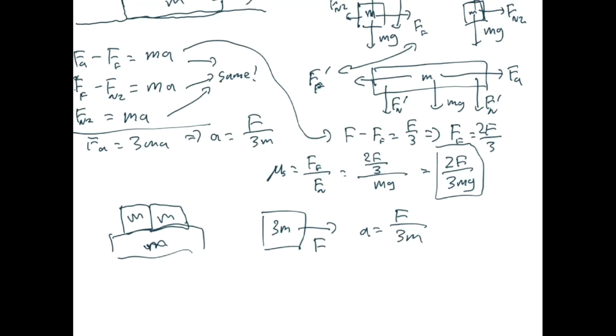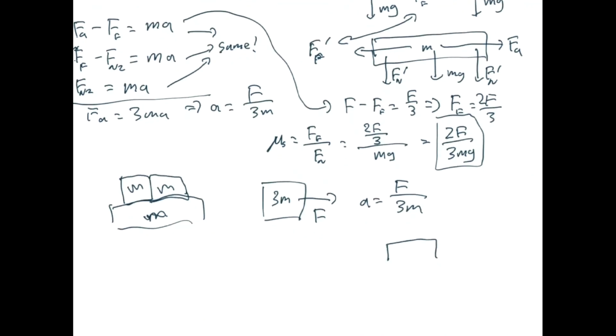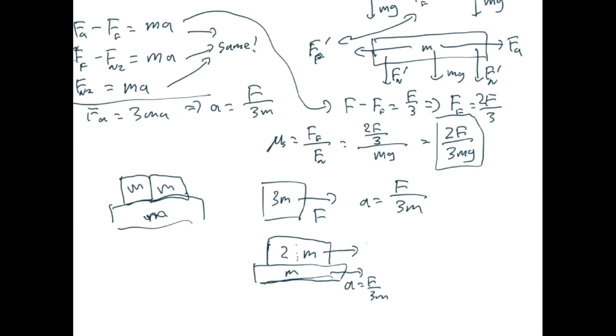Then from there, we can consider this as 2 separate boxes now. So now we're looking at 2 systems. One of them has mass m, and the other is the 2 boxes on top, which have mass 2m. This box is accelerating a equals F over 3m, and this box is also accelerating a equals F over 3m.